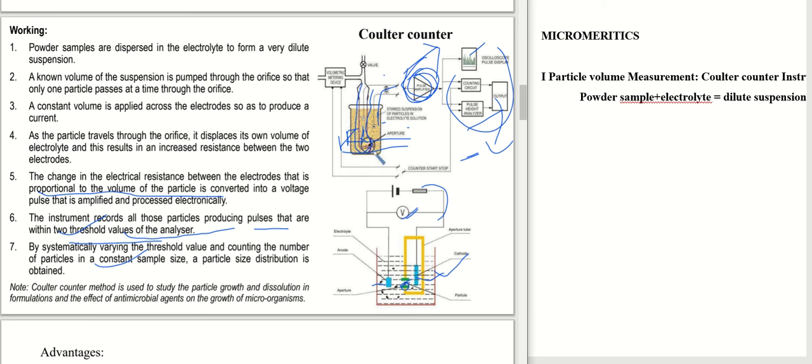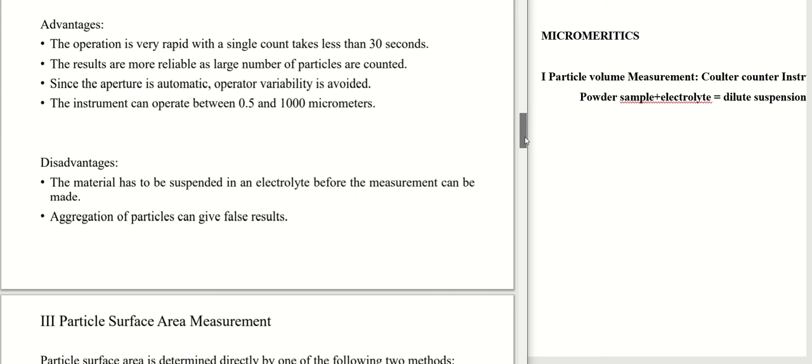So as the electrolyte moves, there will be some current generated between the electrodes that can be easily read here. So if there are n number of changes in the voltage, it represents n number of particles passed through this orifice. And based upon the amount of pulsations and the threshold values, we will be able to determine the particle volume. That is how we will be making use of Coulter counter to determine the particle volume.